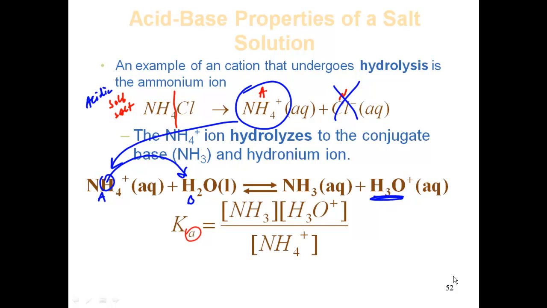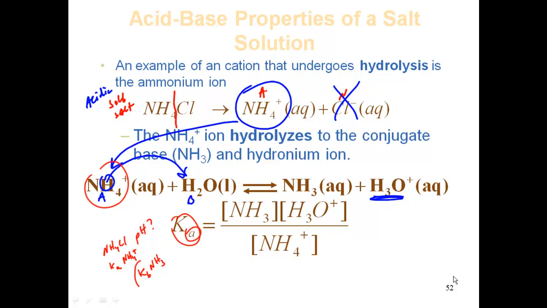Once again, how would this work in a problem? Well, if we were talking about ammonium chloride, and I'm looking for the pH of this solution, I'm going to need the Ka of the ammonium ion, because I'm looking at the Ka of that reaction the way it's written. Most likely I'll be given the conjugate base, which would mean I'll probably be given Kb of ammonia. I can't use that value.